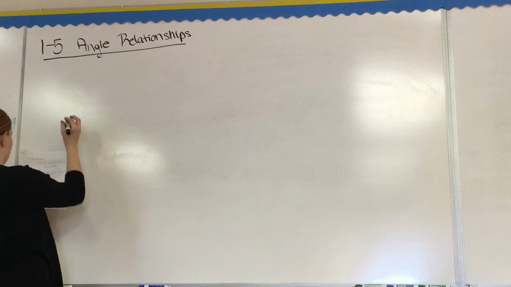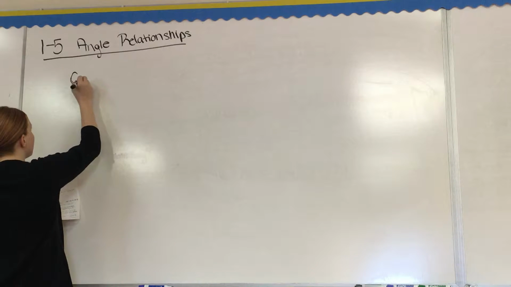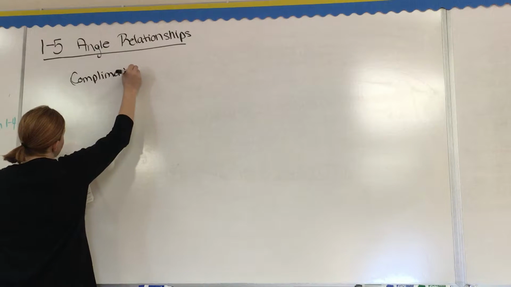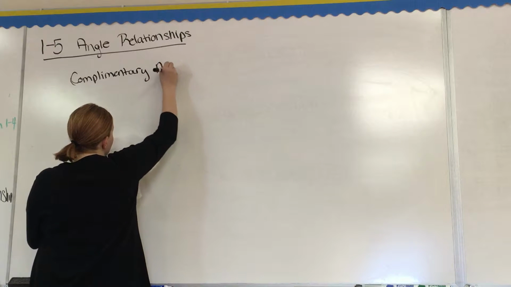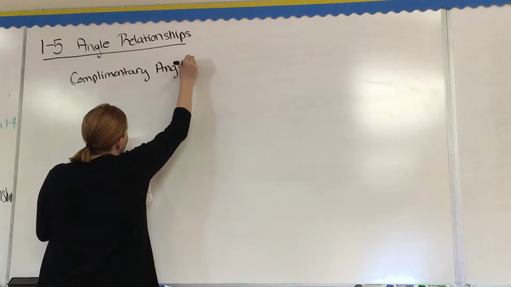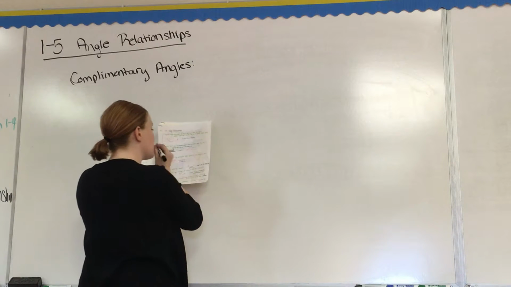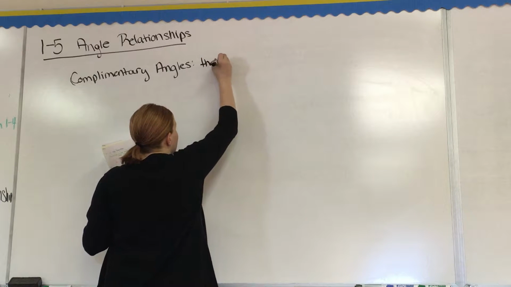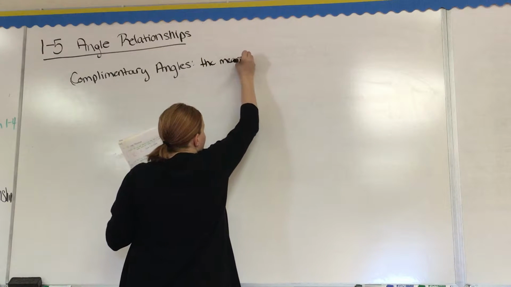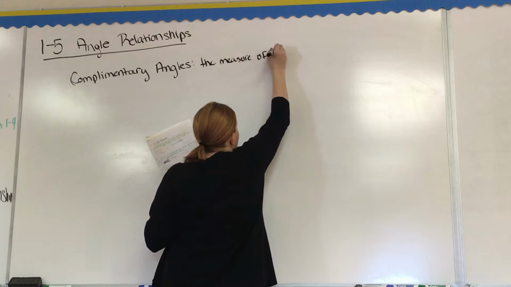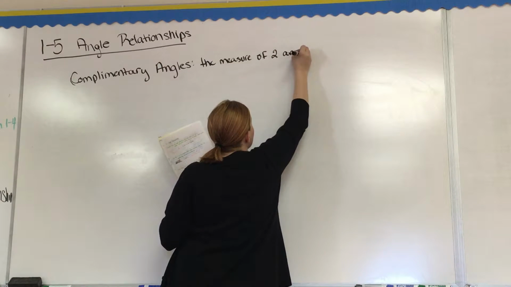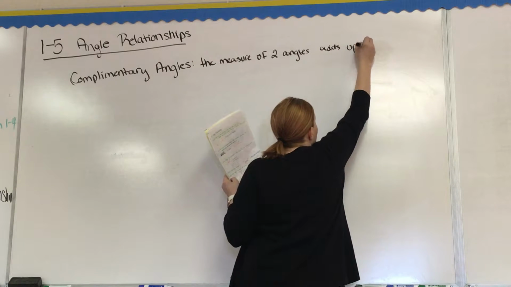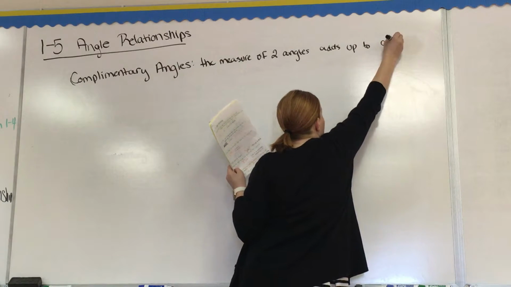Take notes on more terms. Complementary angles. Okay, complementary angles are two angles with measures that have a sum of 90 degrees. So the measure of two angles adds up to 90 degrees.